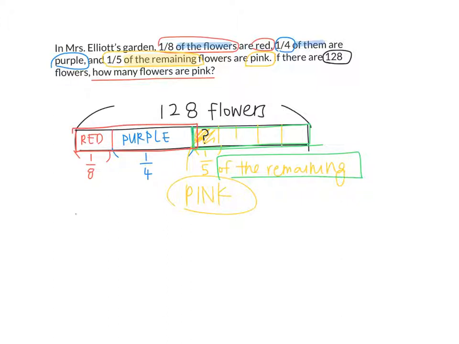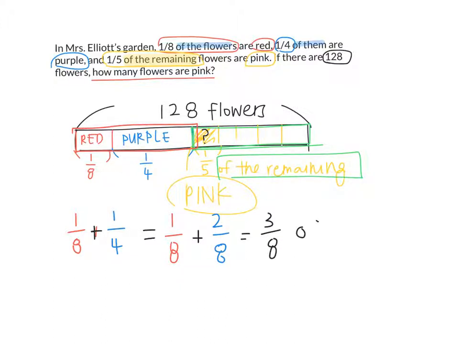Well, I can do that by doing 1/8 plus 1/4. Do you agree? Which is the same thing as 1/8 plus 2/8, right? Which is equal to 3/8. That tells me that 3/8 of the flowers are either red or purple.